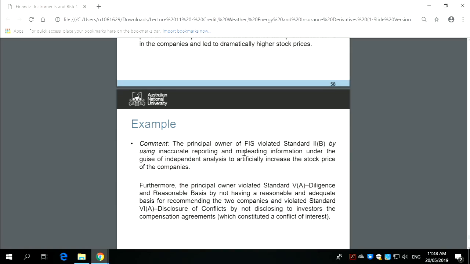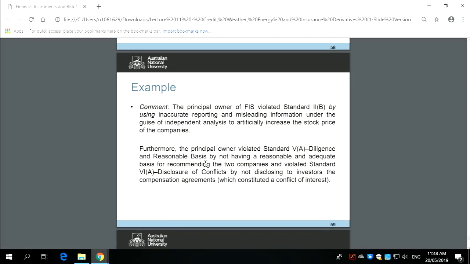So the comment says, the owner of the FIS violates the standard by disseminating misleading information to misguide other investors. And those two companies also violate the standard because basically they are paying the FIS to disseminate the false information.